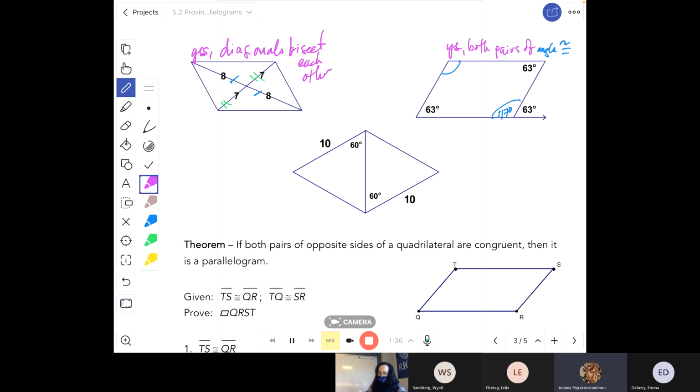And what about the last example? Is that quadrilateral a parallelogram? The opposite sides are. Yes. And what?